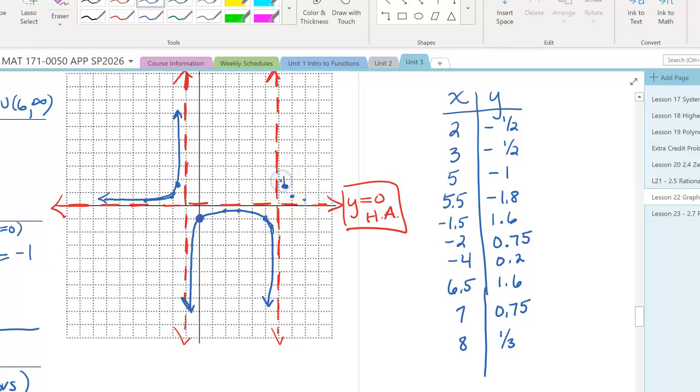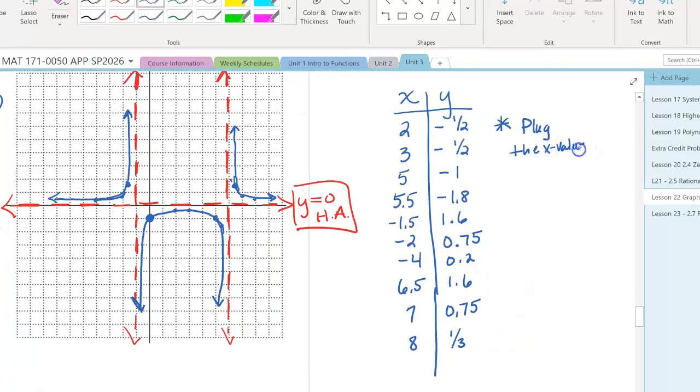So it does look like the graph is doing this in this section. And that's the graph of the function. And remember, to get these values, you're going to plug the x values into the function to determine your y values.